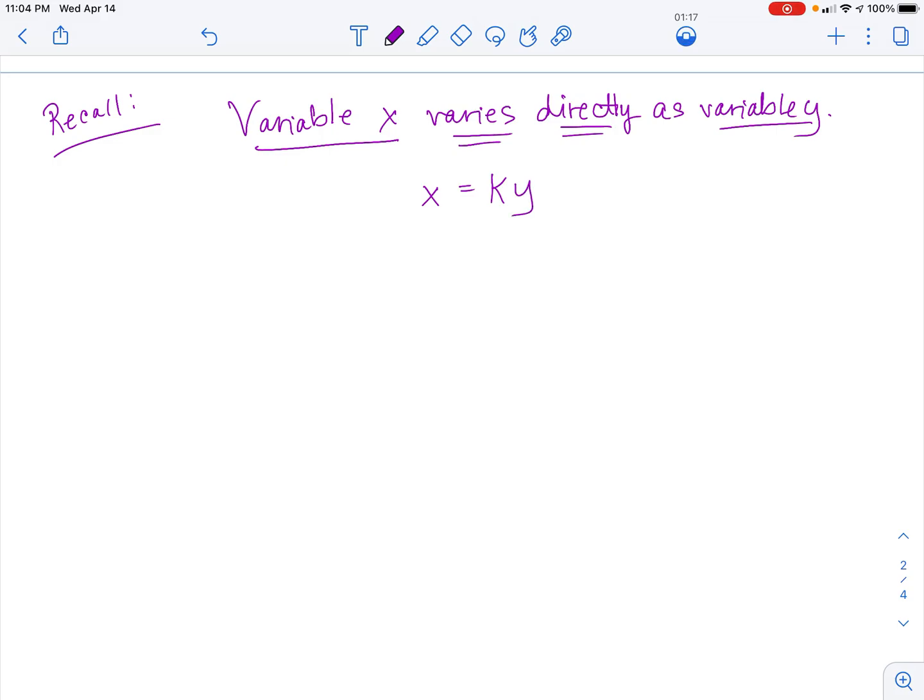And by the way, that k being a constant of proportionality, all that really means is, if you have ratios set equal to each other, you think about a proportion, right? You have two ratios set equal to each other, or equal fractions. For example, you know that this was multiplied by 2, so the proportion 1/2 equals 2/4.